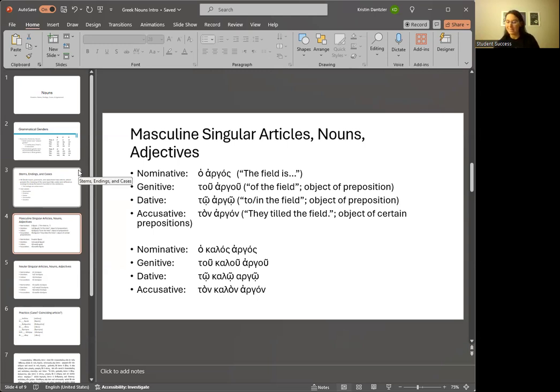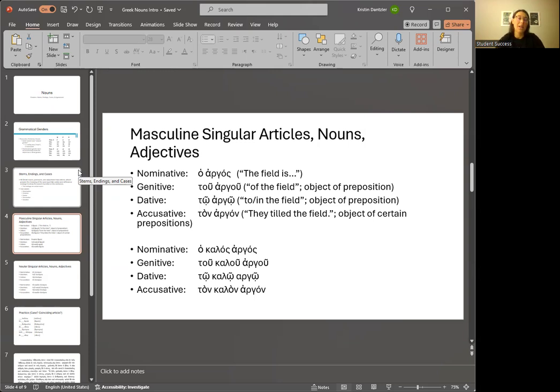I'm not saying you have to do this, I'm just giving you something that worked for me, or at least some sort of cadence. She basically had us just say ho, tu, toi, ton, over and over again, in that order, remembering nominative, genitive, dative, accusative, keeping that together, and then going through the articles.